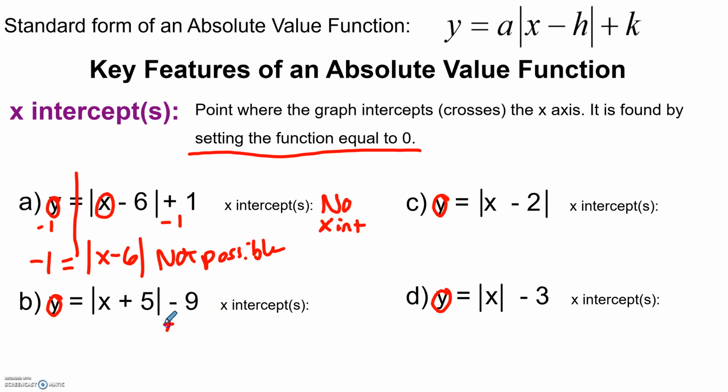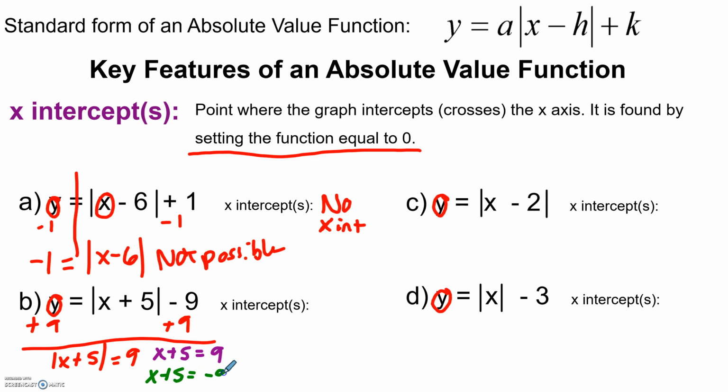So I know I'm going to add 9 to both sides because the 9 is outside the absolute value. That's going to give me the absolute value of x plus 5 equals 9. Now to solve absolute values, I need to write 2 separate equations. One where it equals the positive answer, and another where it's going to equal the negative answer.